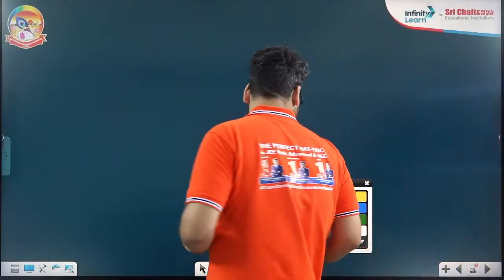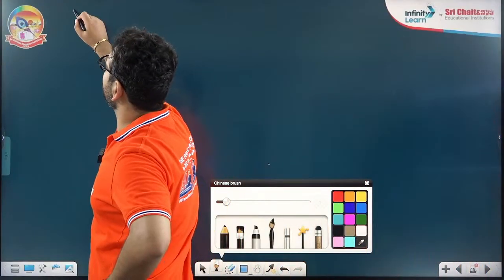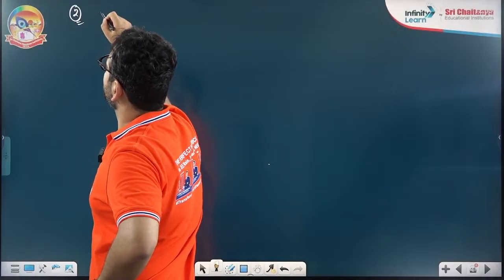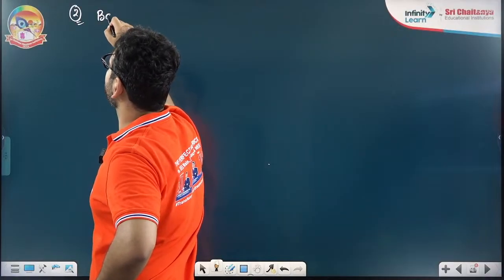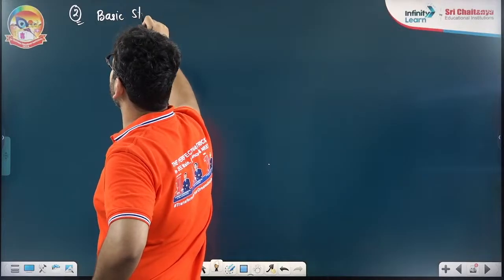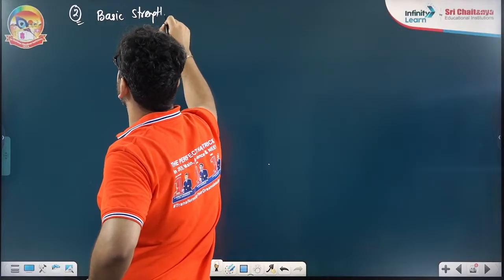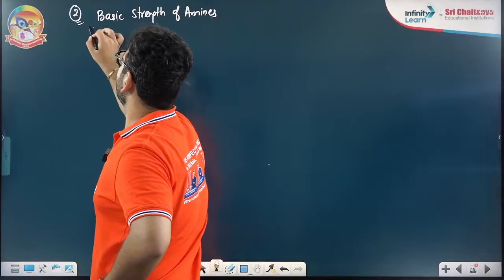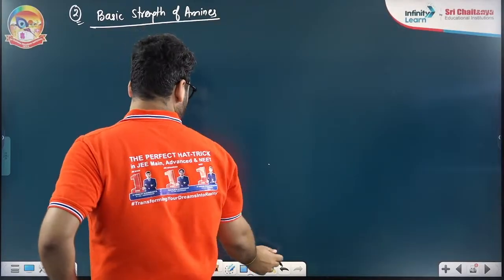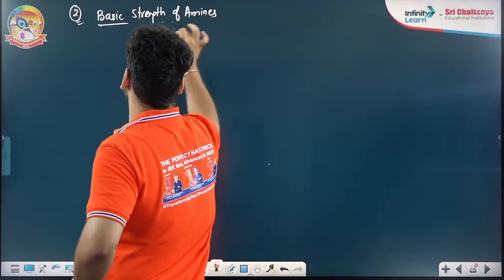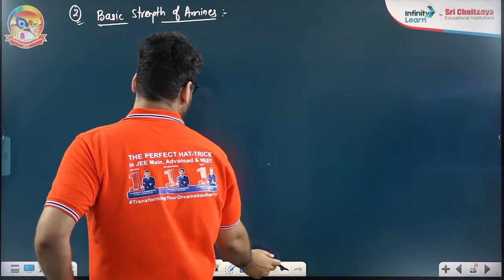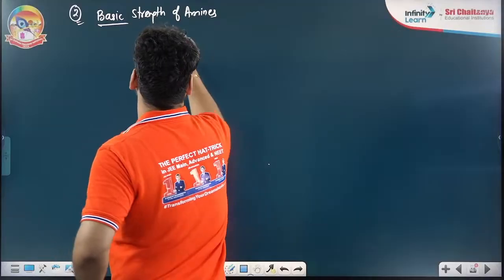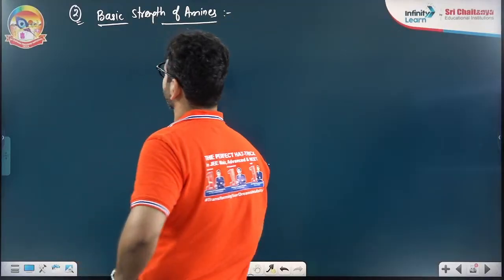Moving towards the next one, application number 2 is to check the basic strength of amines. Already I have given you the note point that donors will make the base better.